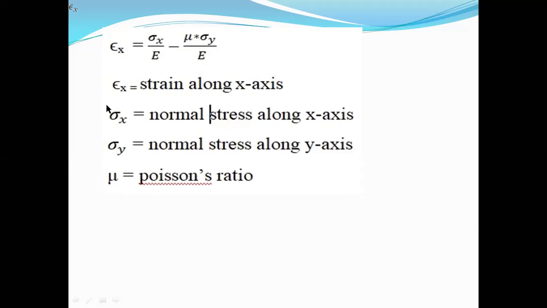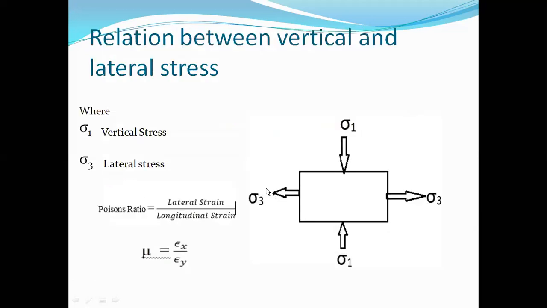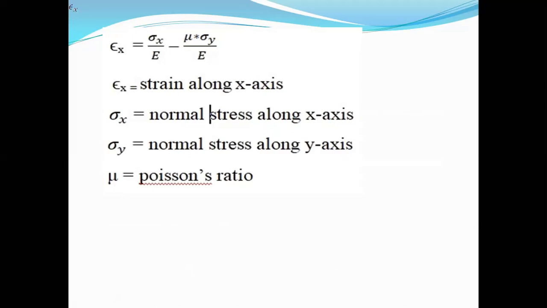In the above formula, epsilon x is the strain along x-axis, sigma x represents normal stress along x-axis, sigma y the normal stress along y-axis, and mu is the Poisson's ratio. This is exactly the relation between vertical and lateral stresses.